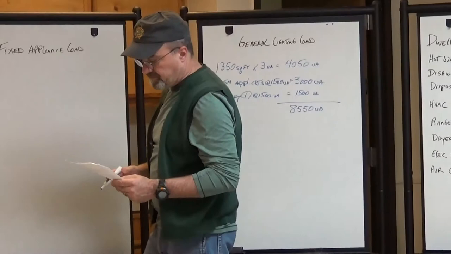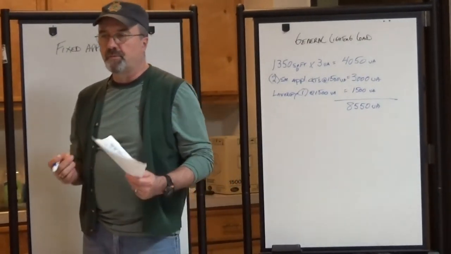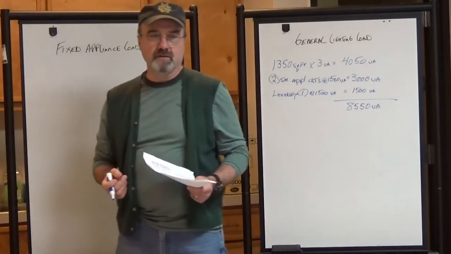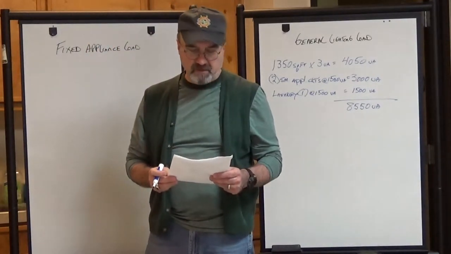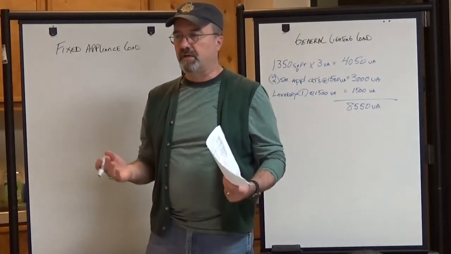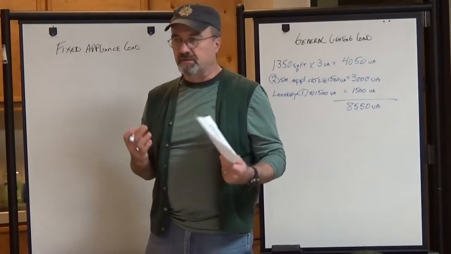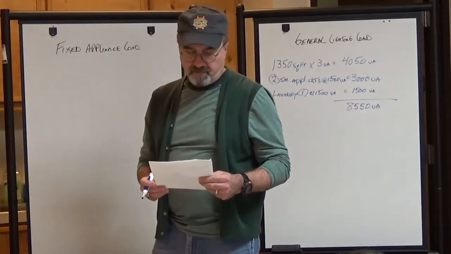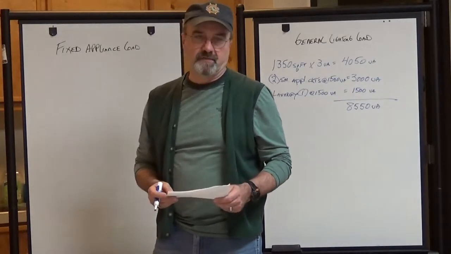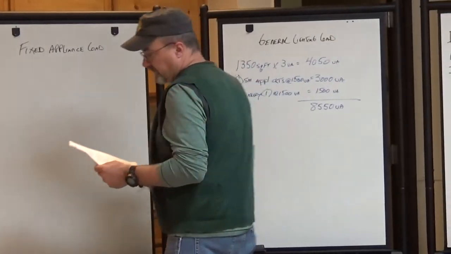Now the code recognizes that we're probably not going to have every light on in the house. We're probably not going to have the laundry circuit all energized, and we're probably not going to have both small appliance circuits fully loaded. And so they give us a demand factor on that.